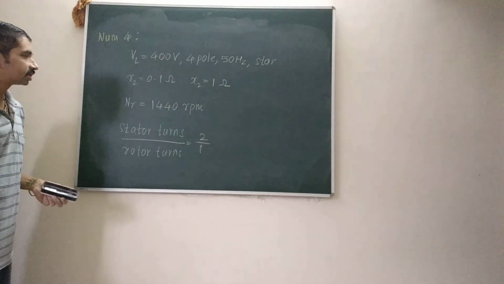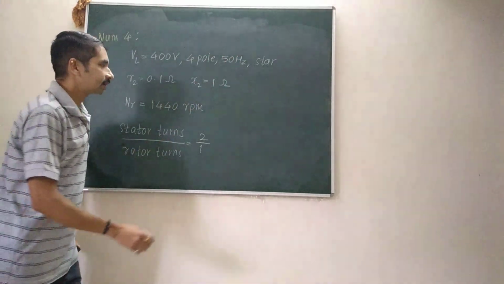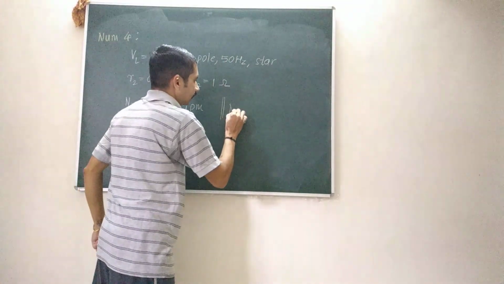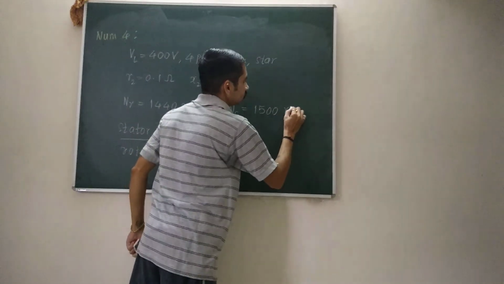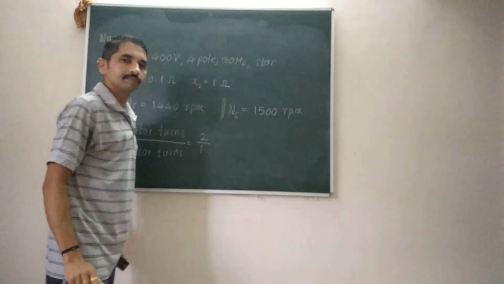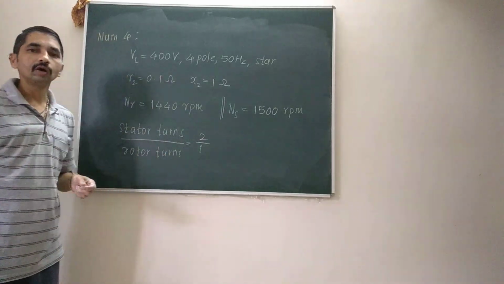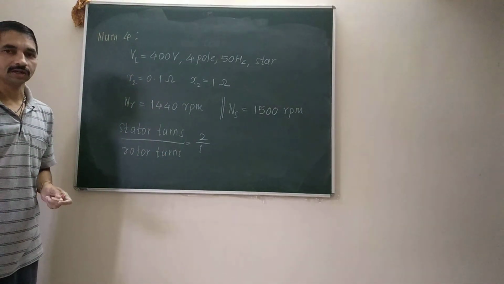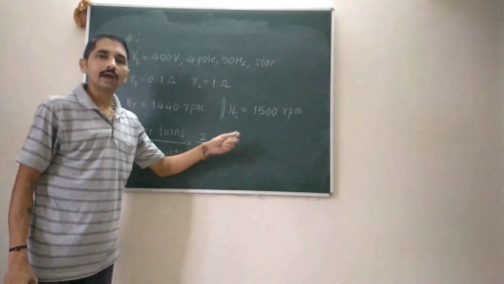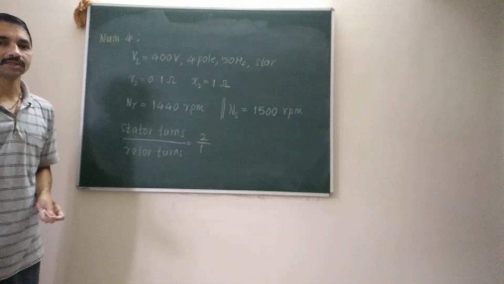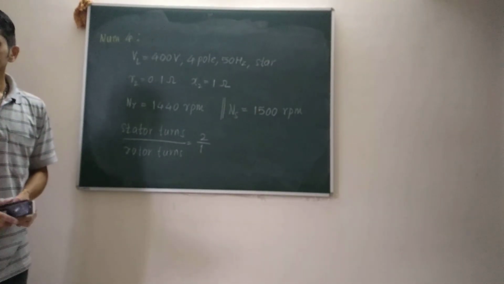From these values I can calculate my synchronous speed as 1500 rpm. I need to calculate this value because I have to find out the value of slip at full load condition. Unless I know the value of synchronous speed, I cannot calculate the value of my slip. Please note down the given information.